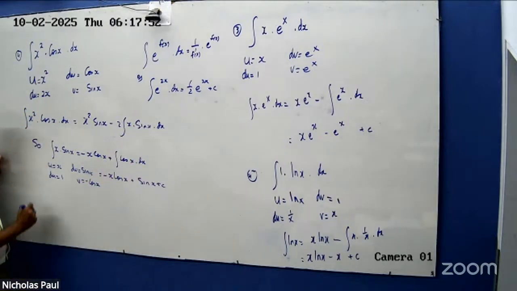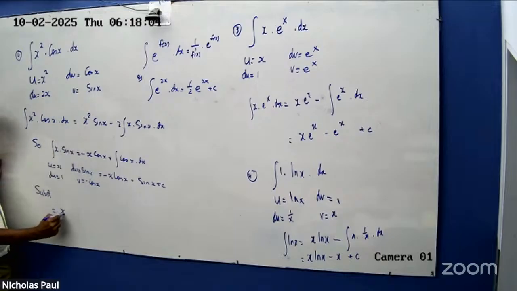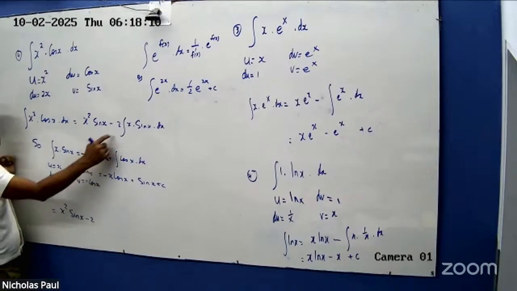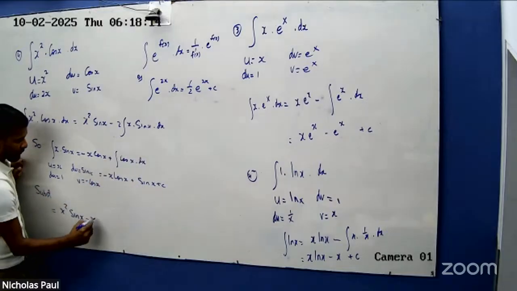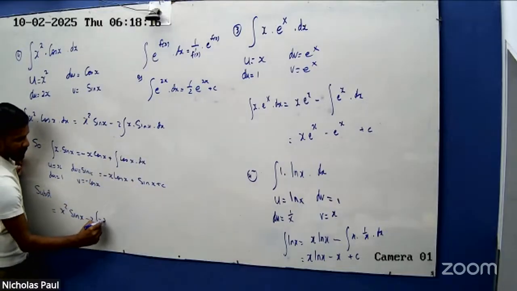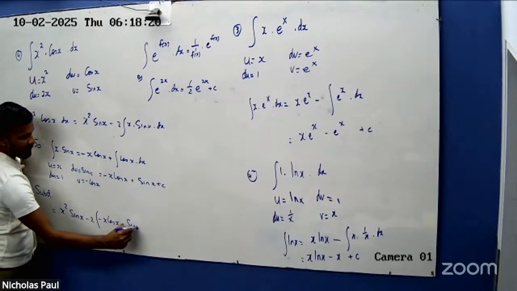Okay? So now we're going to substitute it back. I'm writing back what I had originally: x squared sin x minus 2, and now we include what the integral was, in a bracket: minus x cos x plus sin x.